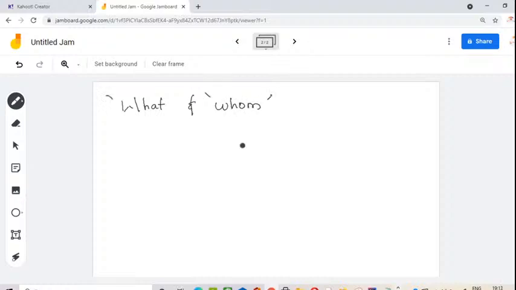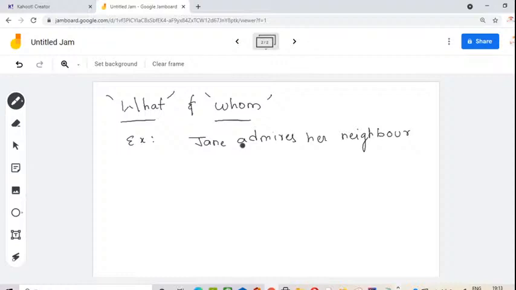These are the words by which we can identify the direct object. For example, Jane admires her neighbor.